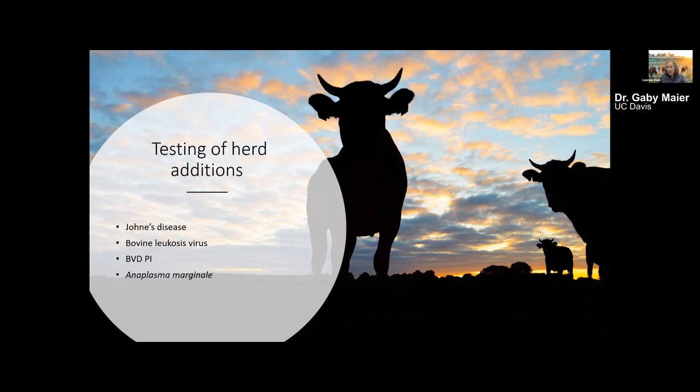And if you purchase animals that have not been exposed to this disease and they are then moved to an area where the disease occurs, then it can end up with a disaster where a lot of animals get sick or have abortions or die. And so obviously you want to avoid a situation like that.